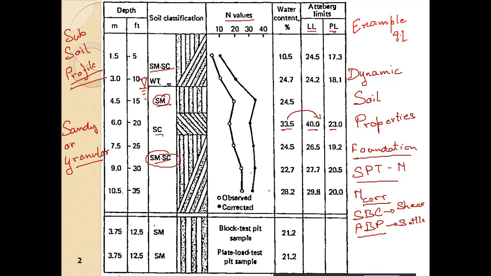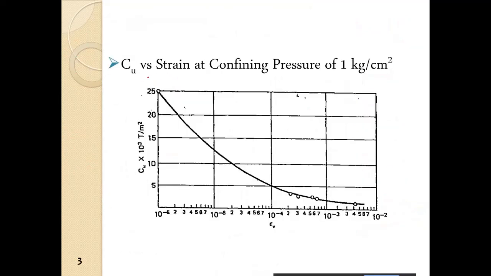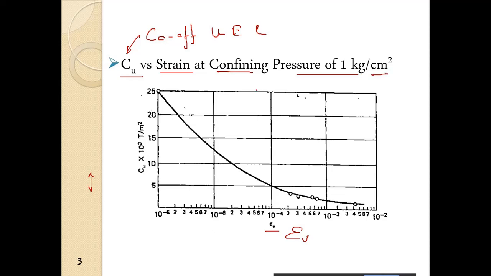Now apart from that, if you look into the problem, we have to determine the plot of the coefficient of uniform elastic compression, Cu, versus the vertical strain, at a confining pressure of 1 kg per centimeter square.